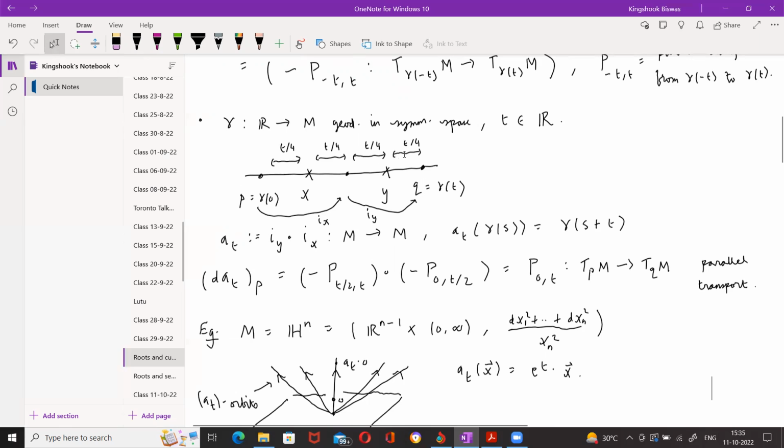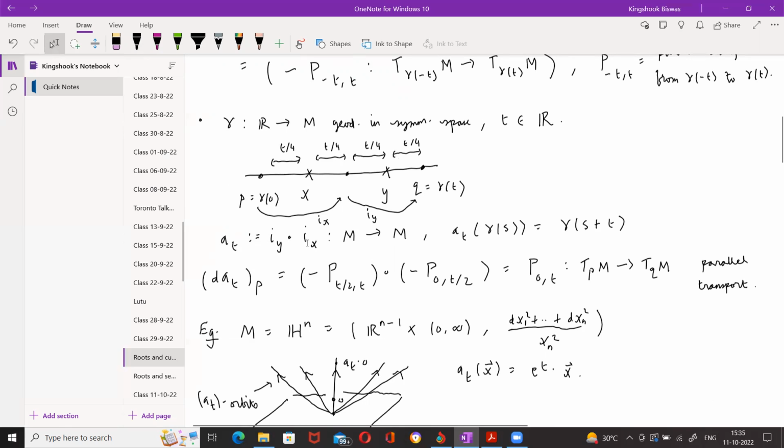Now around X, I have a geodesic involution IX, and around this point Y, I have a geodesic involution IY. I define AT to be the composition IY composed with IX.